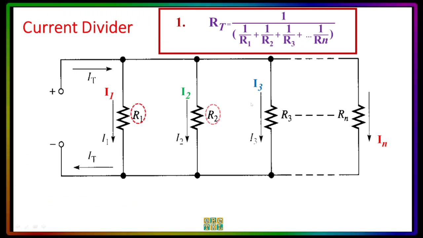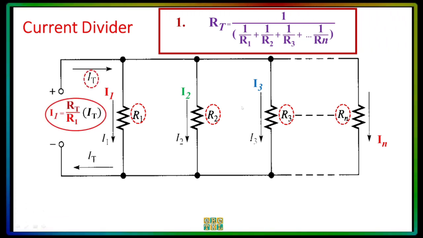The R1, R2, R3 up to the Rn must be given so that we can calculate the R total. And then if you want to calculate the current I1, all you have to do is to put the answer RT divided by the R1. So this time, I1, R1 here. So the R total, which we calculate from the first formula, divided by the given R1, multiplied by I total. The I total must also be given.